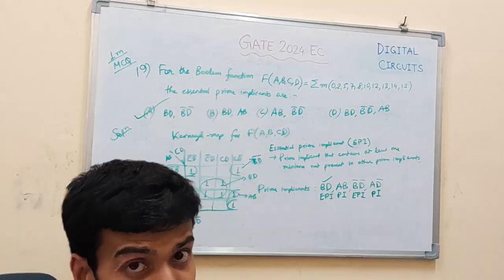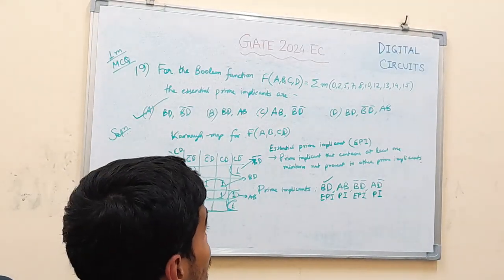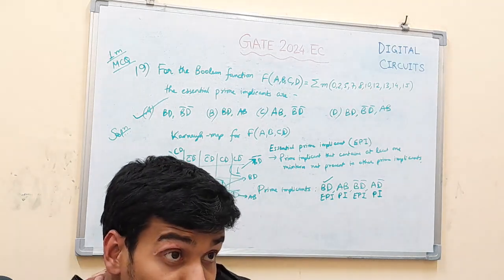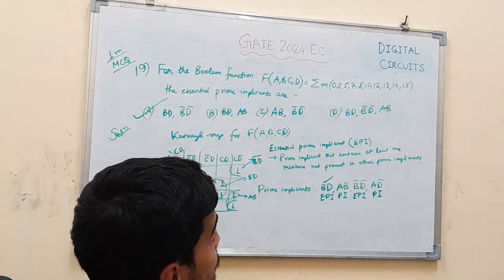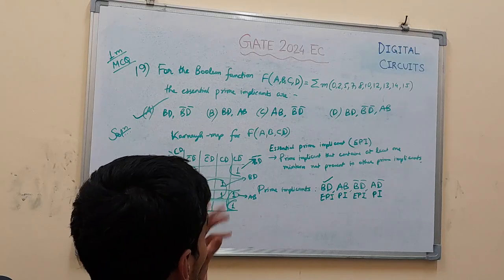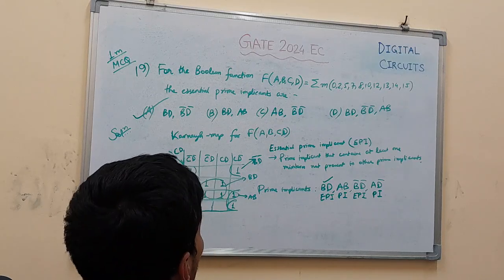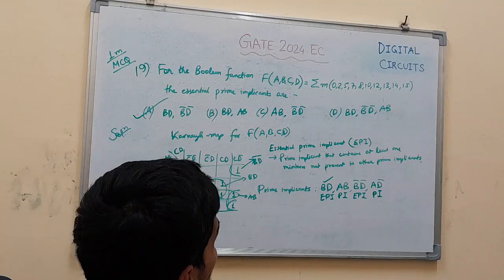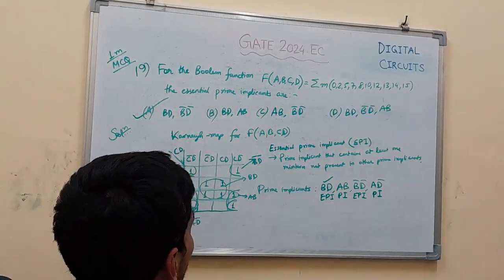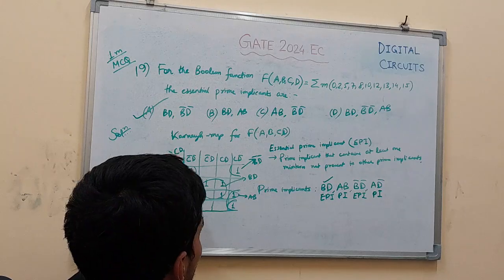So I've explained the basic principle of logic behind solving this type of questions based on sum of min terms or say Boolean algebra, in which the Boolean functions are represented in terms of sum of min terms or say K-map. You have to first form the groups.